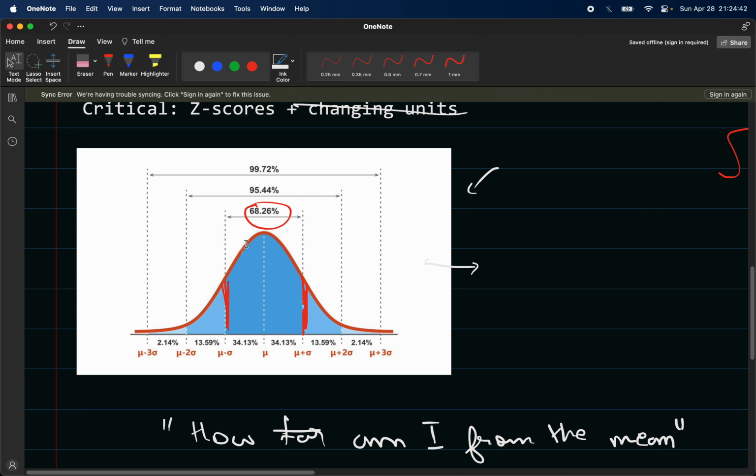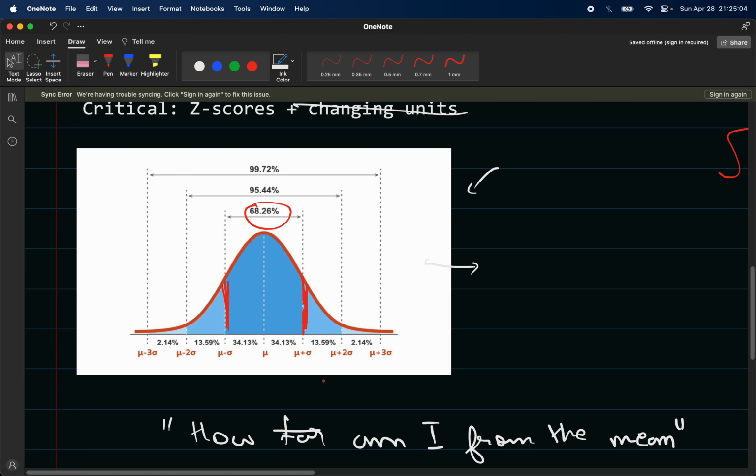So between the z-scores of -1 and +1, 68% of your data points will be there, given that the distribution is bell-shaped and symmetrical. And within 3 standard deviations on either side, you will have almost all of the data, 99.7%.